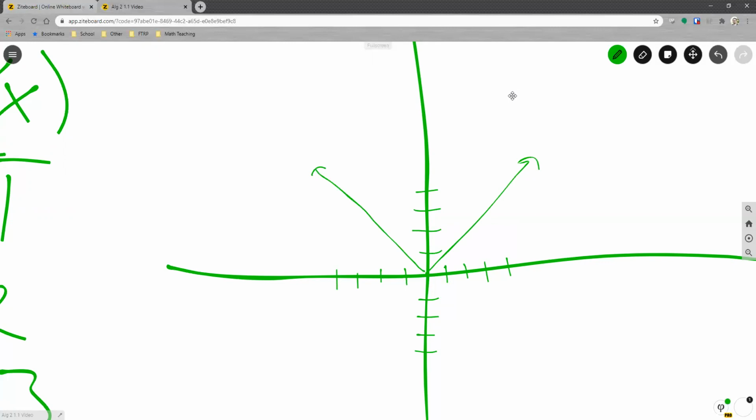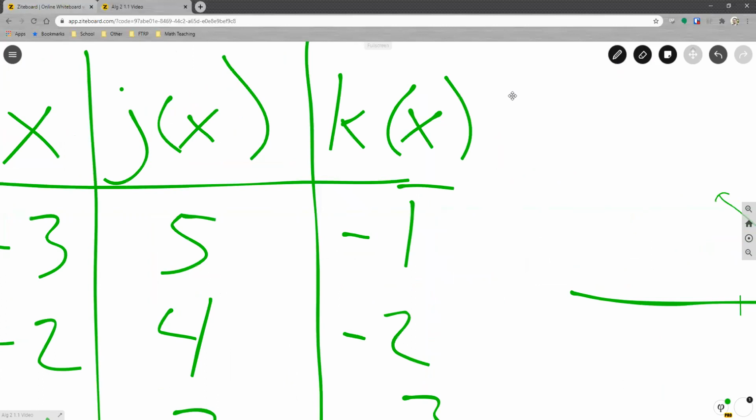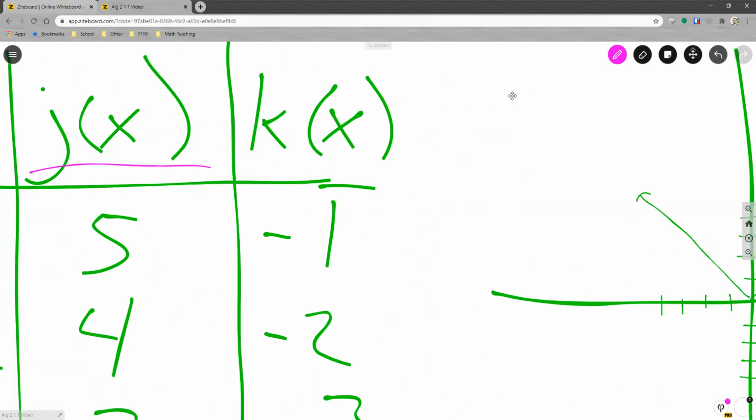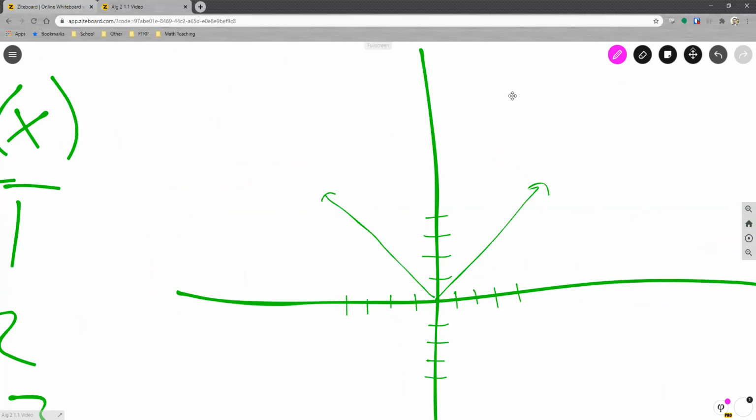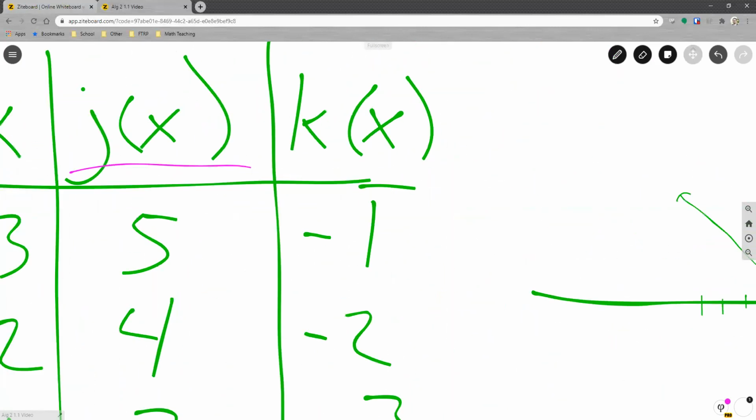When x is -2, y is still +2. Let's compare that. I'm going to use a different color here to keep track of things. Let's use purple or pink for j of x. When x is -3, j of x is +5. Was it +5? Let's check again. Yes, +5.